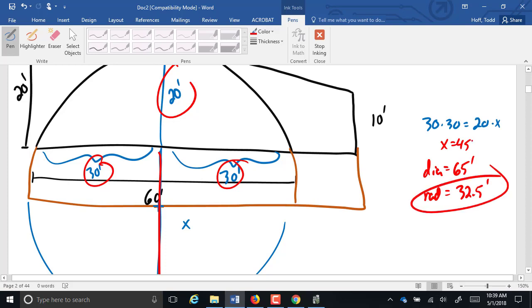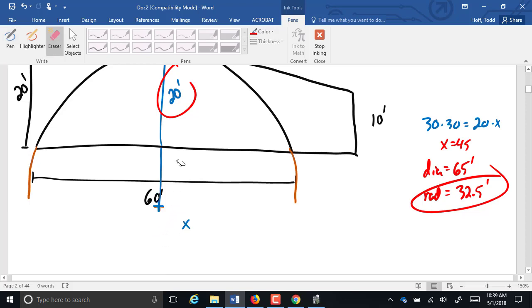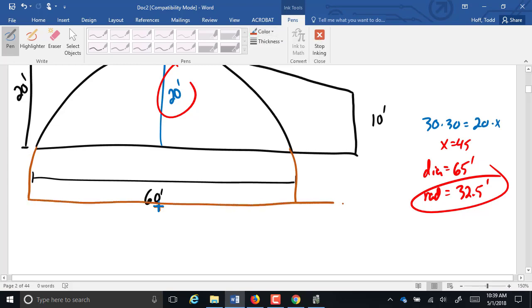So what does that mean to us? Well, first of all, I'm going to get rid of all this. What it means to us is that what we have to add on down here to get from 20 to 32.5, I have to add 12.5 feet.